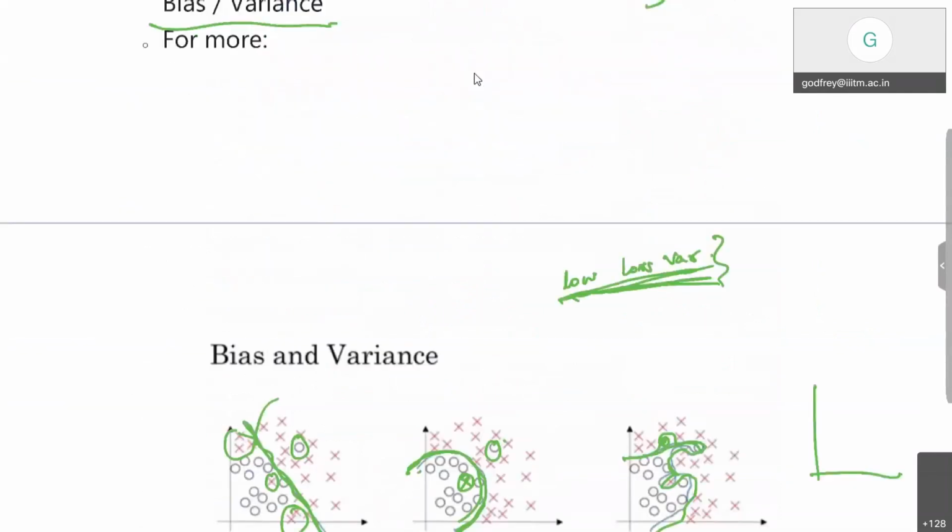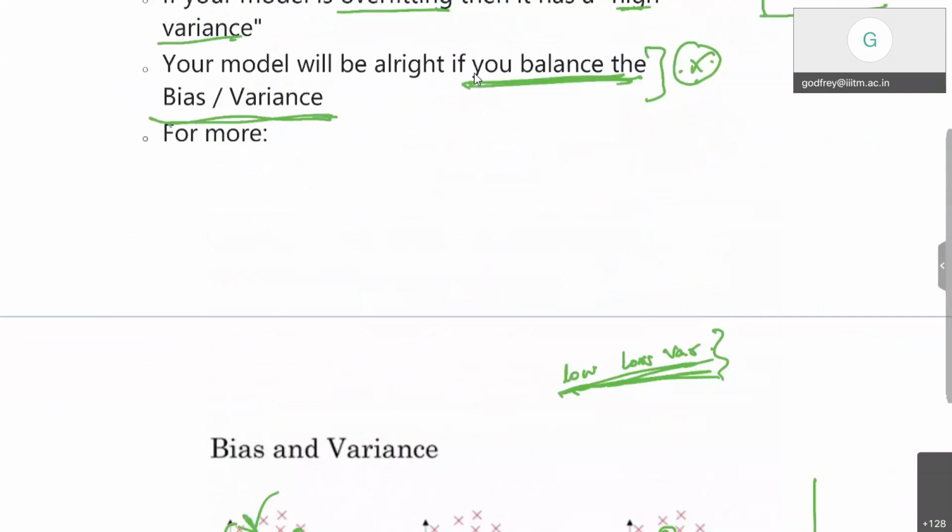So what they used to do is they always used to balance the bias and the variance.